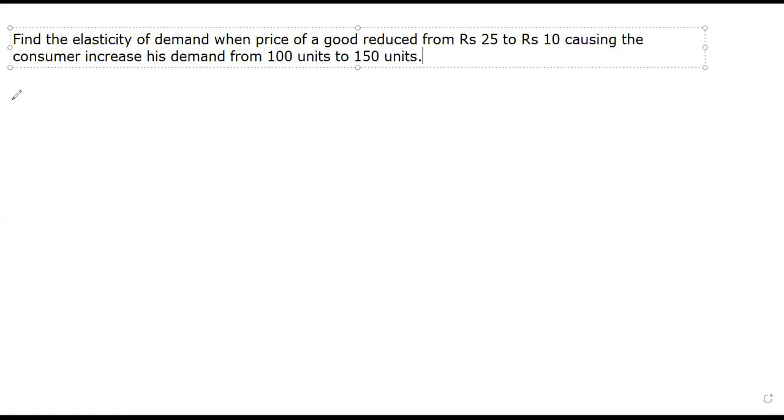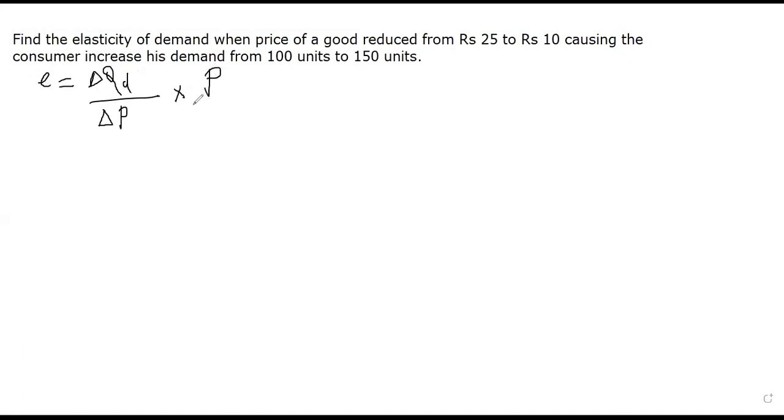I'll write the equation. Elasticity is equal to change in quantity demanded by change in price, into initial price by initial quantity. You can post your answers in the chat box if you have the calculations ready.